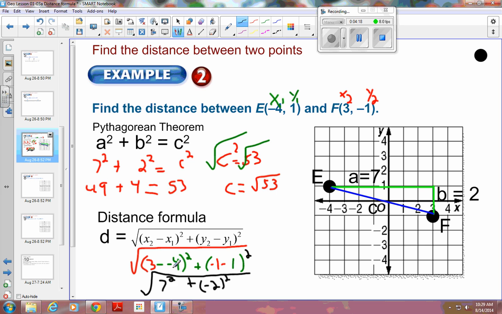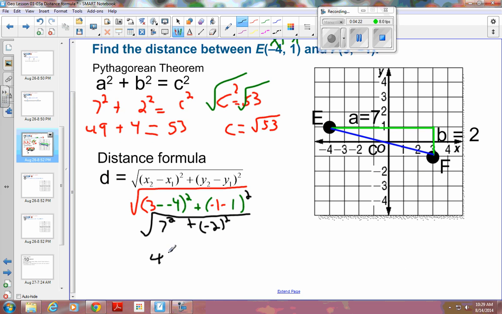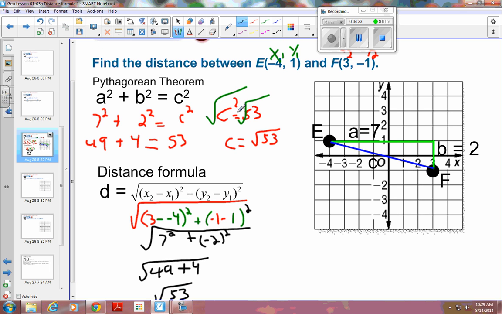So this is going to be 49 plus 4, square rooted, and so I again end up with a square root of 53. So you can use Pythagorean theorem and get the square root of 53, or you can use the distance formula and get the square root of 53.